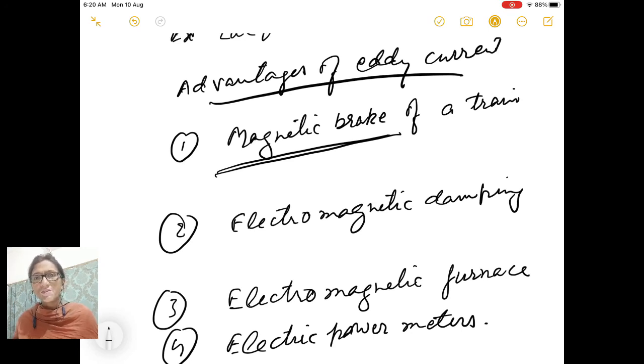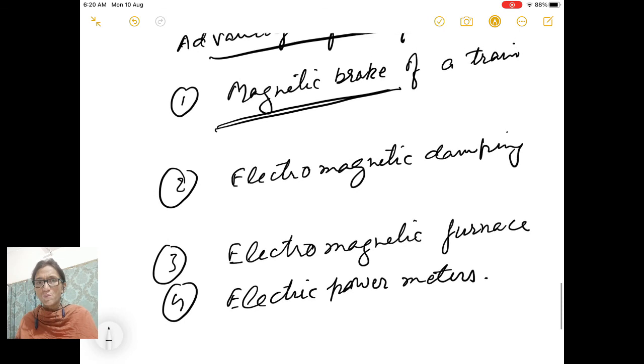So it stops the motion of the train. And the very good thing is, there is no mechanical linkage between the train and the rail. So this braking effect is very smooth.